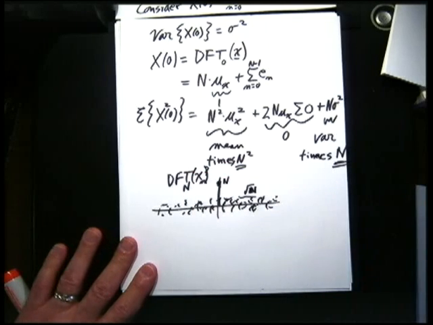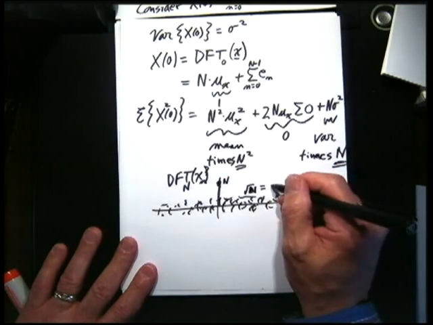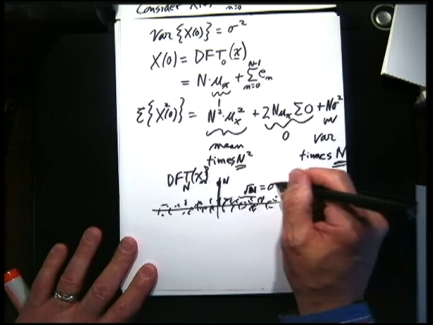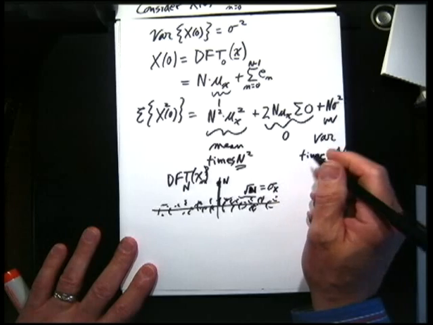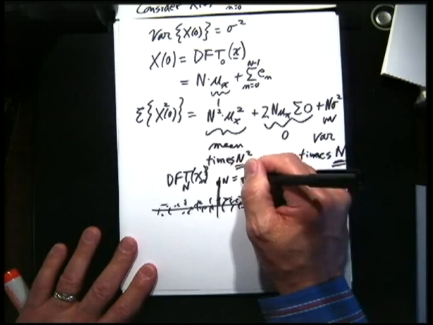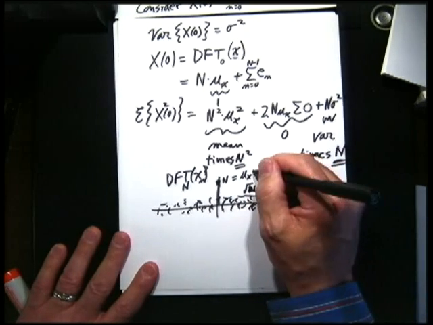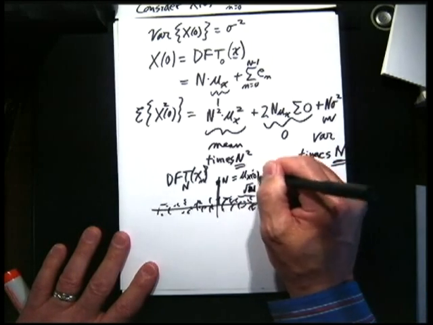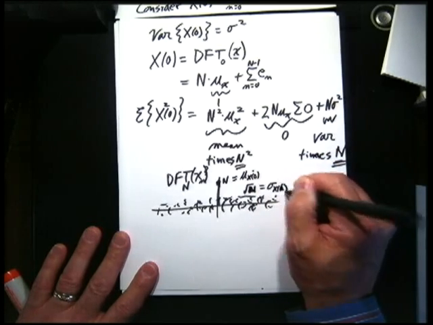of length n. So the sigma, let's call this sigma sub capital X, and this is mu sub capital X at 0. I should probably put a 0 there. This is all k, all bins.